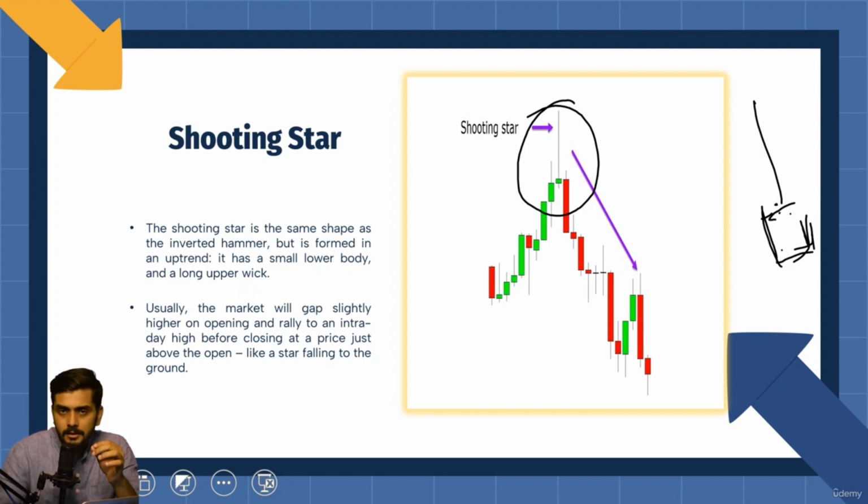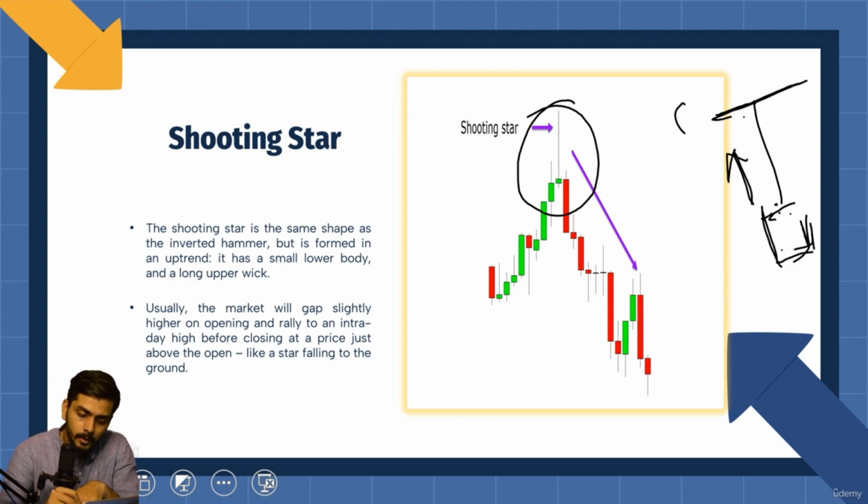The primary reason being, what does this mean? If you have gone through the support resistance class and the candlestick basics class, you will know by now that the market wanted to go up, but at this price point there is a lot of selling pressure from the bears.